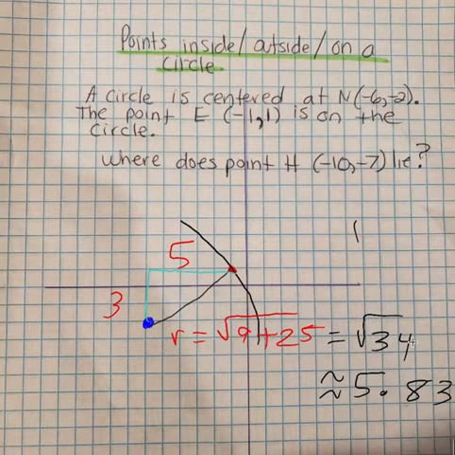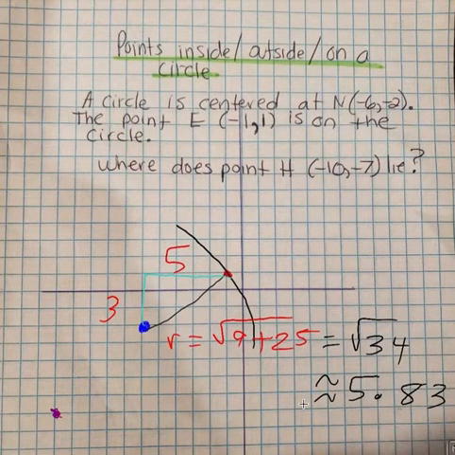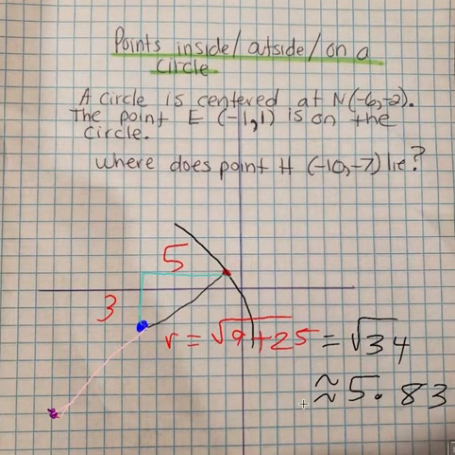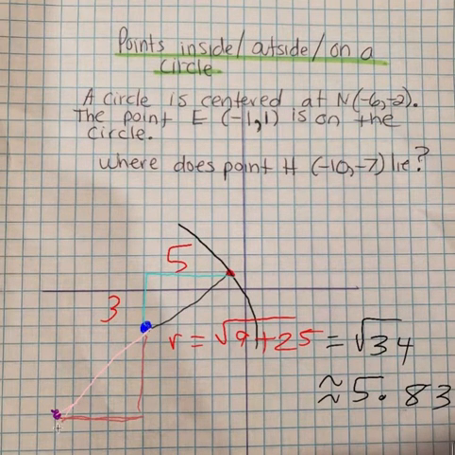Let's go ahead and plot point H and connect the points again. And we can use the same method we used here to find the distance from the 2 points. So this distance. So let's go ahead and draw our right triangle.